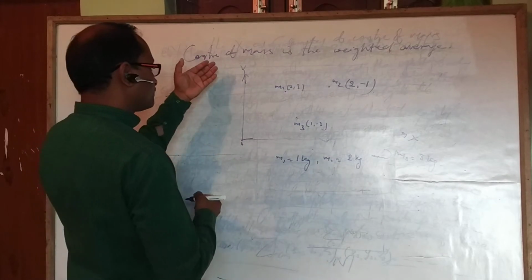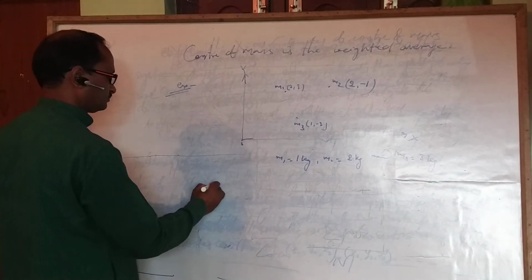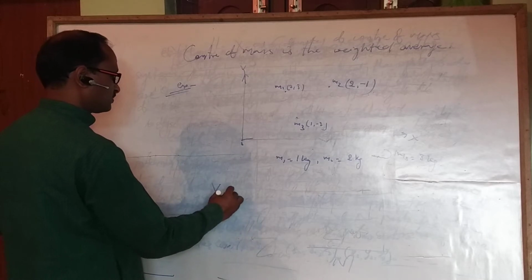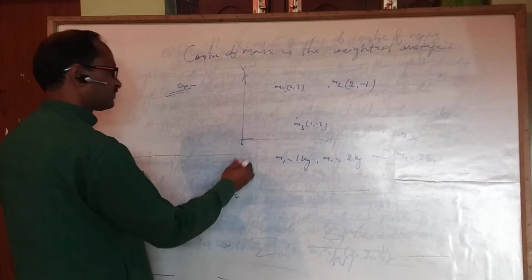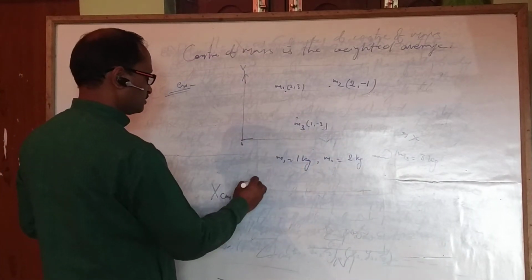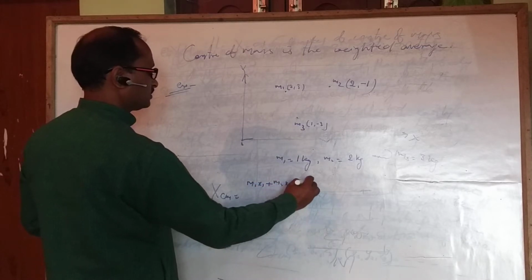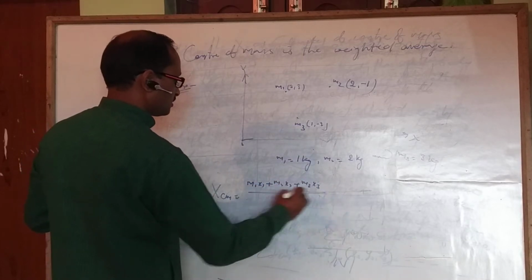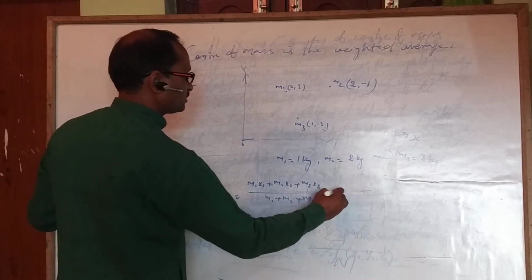The method we have learnt in earlier topic will be applied here. X coordinate of center of mass of the three particle system will be (m1 x1 + m2 x2 + m3 x3) / (m1 + m2 + m3).